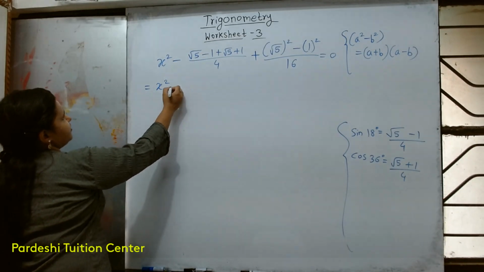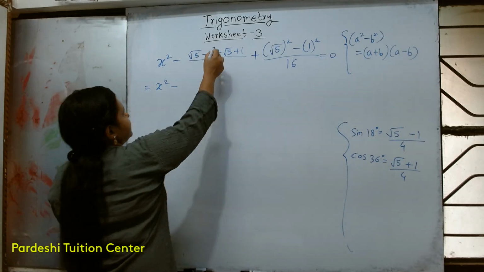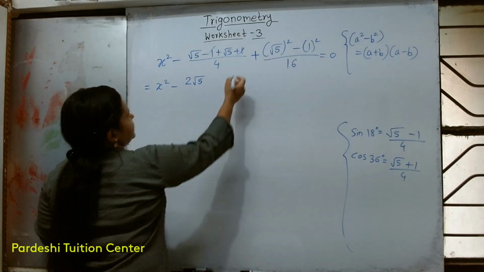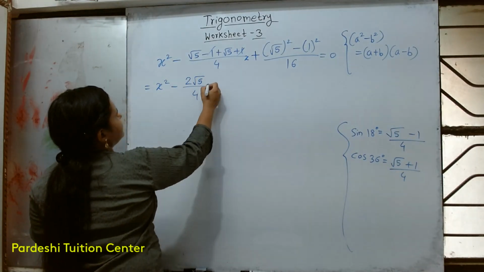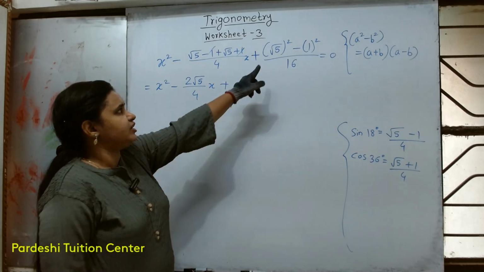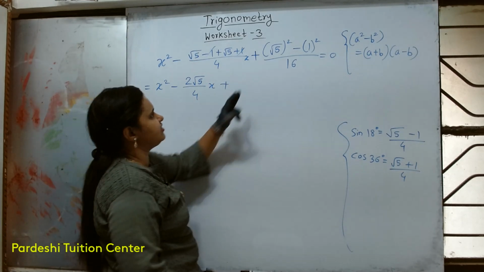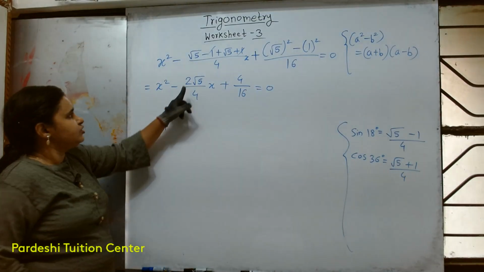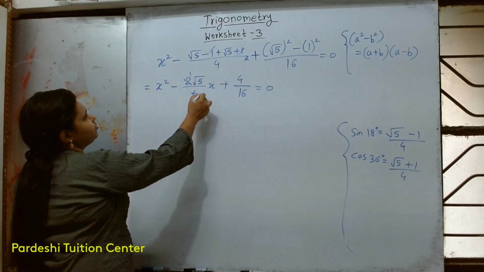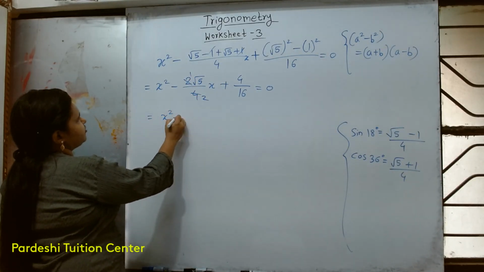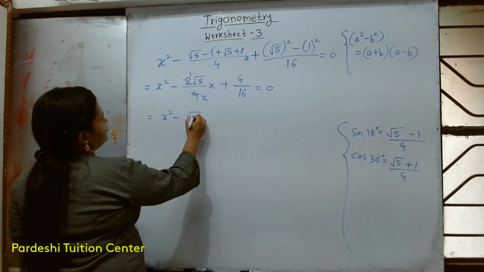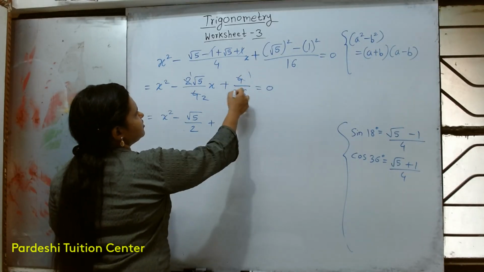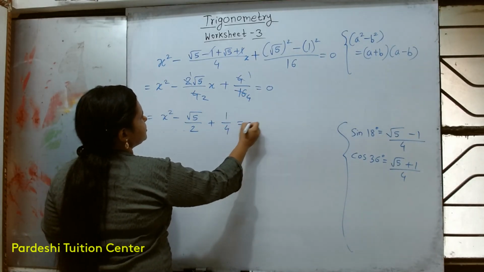Now again by solving, x square minus, now here minus 1 plus 1 will get cancelled, and root 5 plus root 5 is 2 root 5, so 2 root 5 upon 4 into x, plus, now root 5 square is 5, 5 minus 1 is 4, so 4 upon 16 equals 0. Now 2 and 4 can be divided by 2, so it will be x square minus root 5 upon 2 x plus 1 by 4 equals 0.